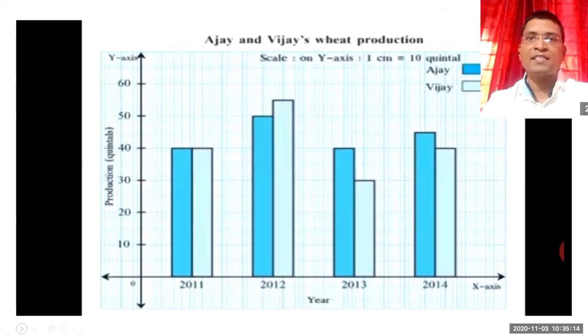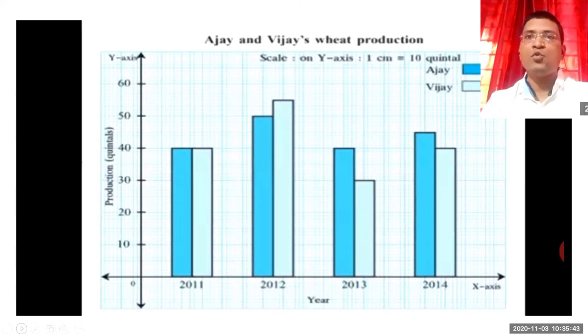Look at the y-axis. From the origin O, where the X line and Y line intersect, 0, 10 quintal, 20, 30, 40, 50, and the last one is 60 quintals are given on the y-axis.